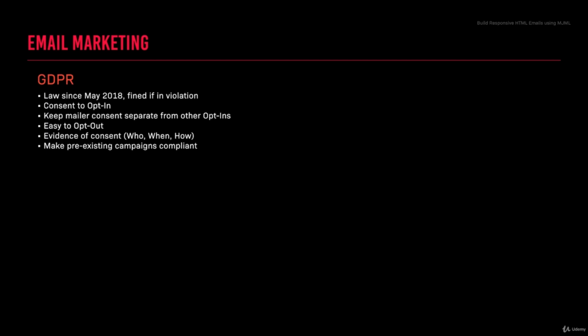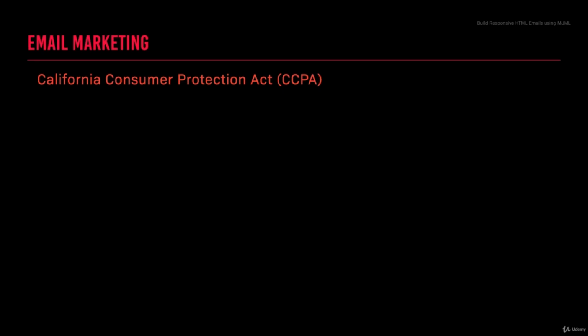And any existing email campaigns that are sent to people based in the EU or subscribers in the EU need to be made compliant. This was just a brief overview of GDPR. So if you're unsure if you are compliant, you should consult a professional. Let's go over the California Consumer Privacy Act, or CCPA.